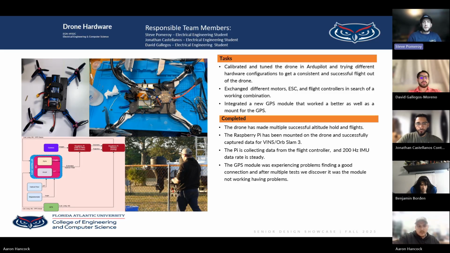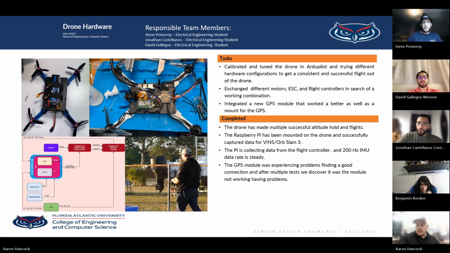And we exchanged the different motors, the ESCs, flight controllers. The whole point of that was to have a working combination that the drone would fly, which was many different revisions. And we also had an integrated GPS module, and some of them worked better than others. I believe we had an M80 at first, and the M100 was a better module, and we used a mast to mount that as well.